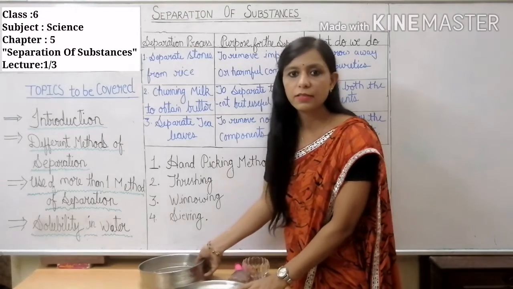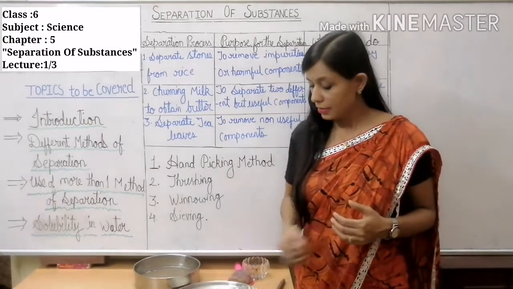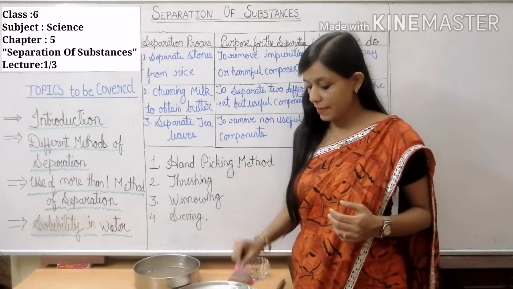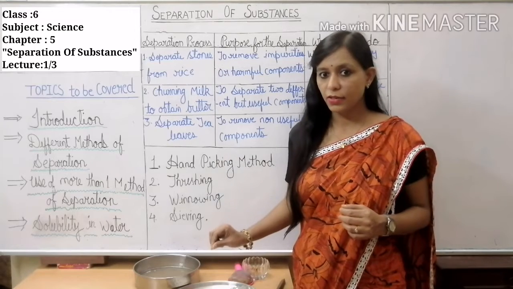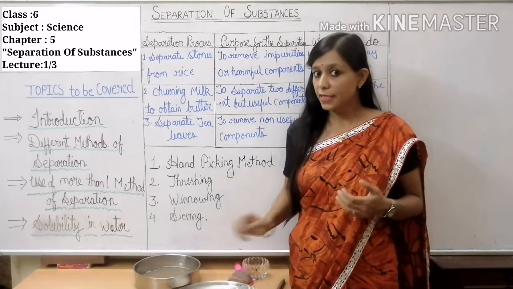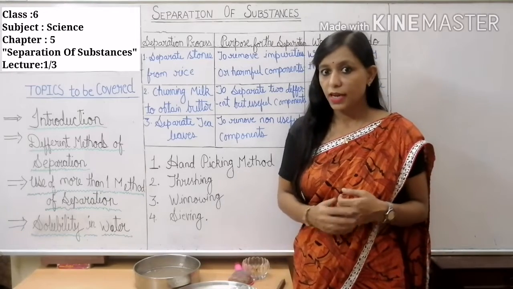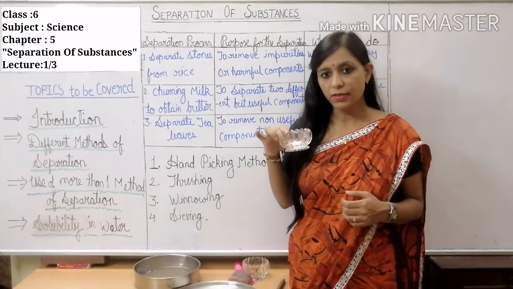Clear? See, the bigger particles remain on the sieve plate. Sugar is a bigger particle and rava is a smaller particle. Smaller particles pass through the holes of the sieve plate, and I have collected sugar in this bowl.